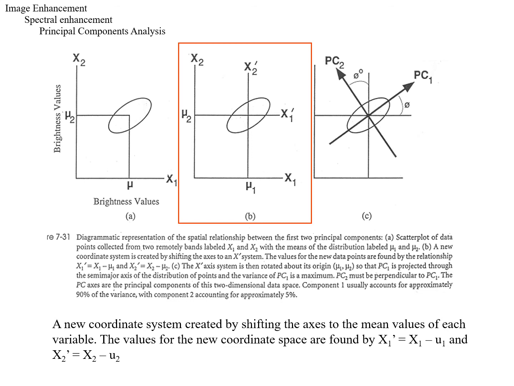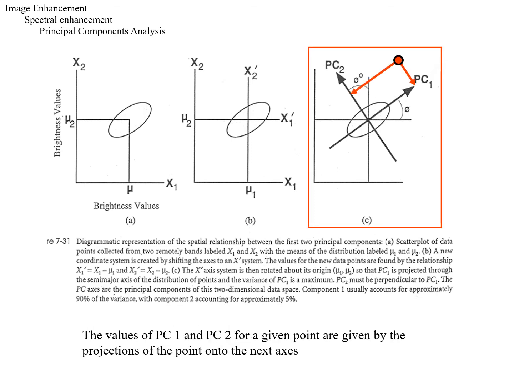And what we're going to do is use that point in that third part of the diagram to rotate those axes such that the first axis is aligned with the long axis of that ellipse that's fit to the overall distribution of the points.